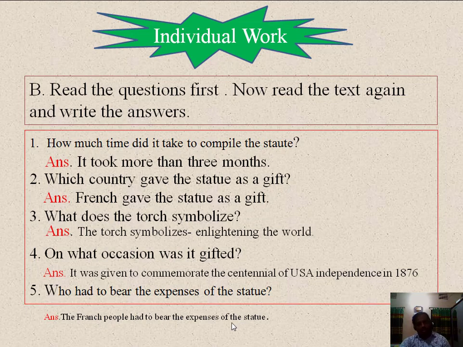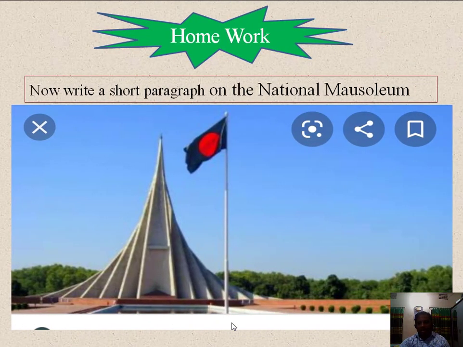I think all of you have done well. Now I would like to move to the last phase, and I'm giving you homework. After reading this text, the Statue of Liberty, I am giving you a short paragraph on the National Mausoleum.